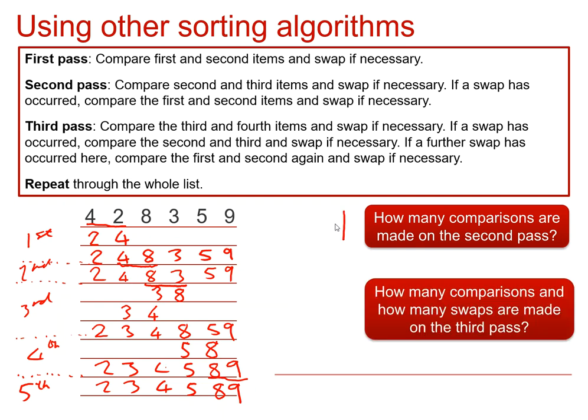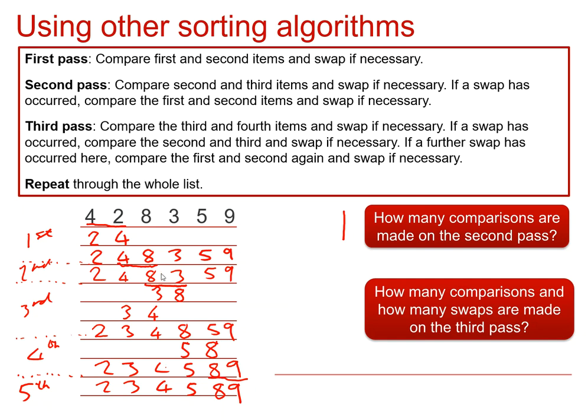Another question we might be asked is how many comparisons and how many swaps are made on the third pass. Okay, well there was more going on then, wasn't there, on the third pass? We compared the 3 and the 8, and we swapped them. Because we swapped them, we carried on going, and we compared the 4 and the 3, and we swapped them. And again, because of that, we compared the 2 and 3, and we swapped those as well.